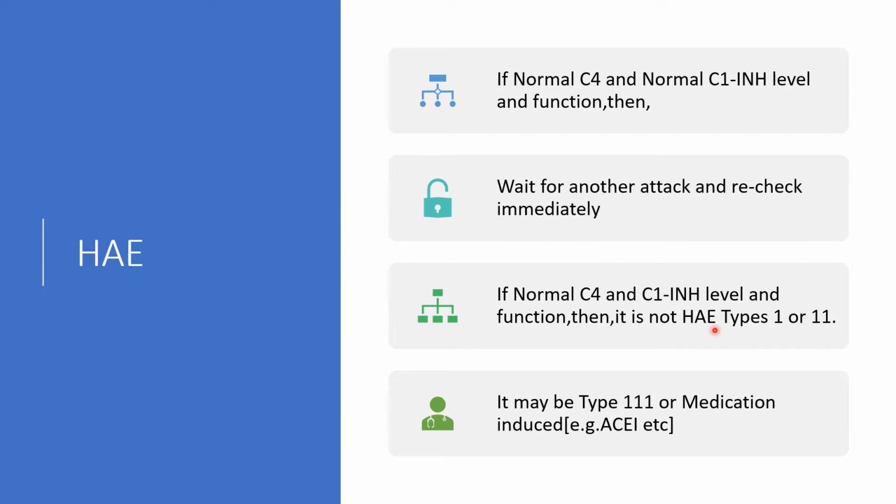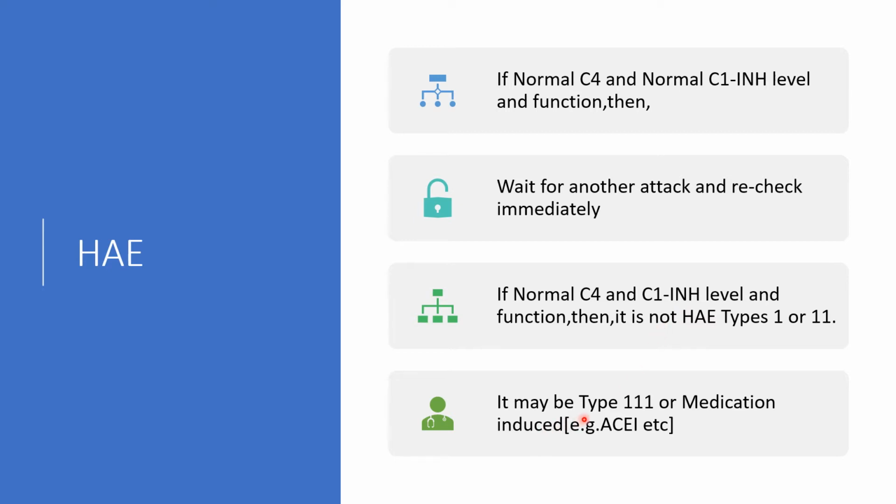Olden day textbooks will just tell you it is no longer hereditary angioedema, but that has changed in recent years. Medicine is not static, it's dynamic. So when C4 is normal, C1 esterase inhibitor level is normal, C1 esterase inhibitor function is normal, don't rule out hereditary angioedema yet.